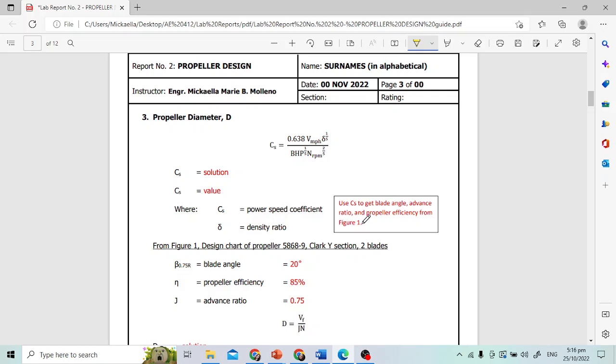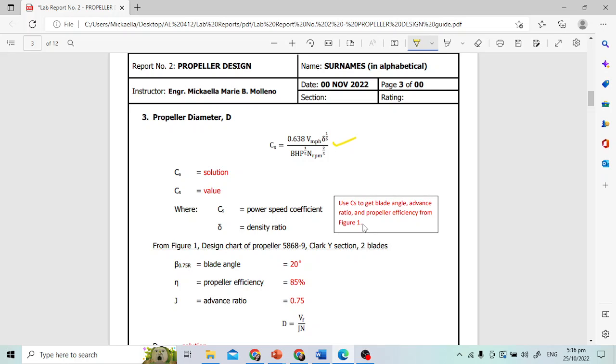Now, we have the third part, which is the propeller diameter. We would be getting the propeller diameter. How? First, diba, na-discuss natin yung about sa C sub S. Okay? Now, natakal din natin itong formula na to for our discussion.